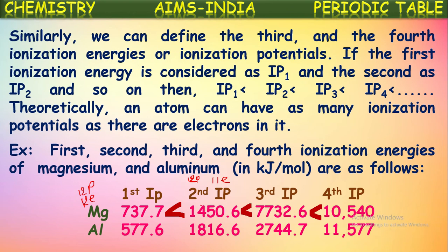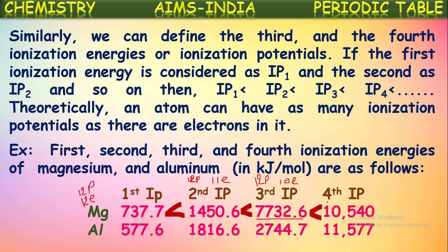Then for the removal of one more electron, more energy is required. After the removal of the second electron, it is left with 12 protons as it is, but the number of electrons has become 10. Nuclear charge is much greater, so it holds the remaining electrons very tightly. For that, for the removal of the third electron, much more energy is required.